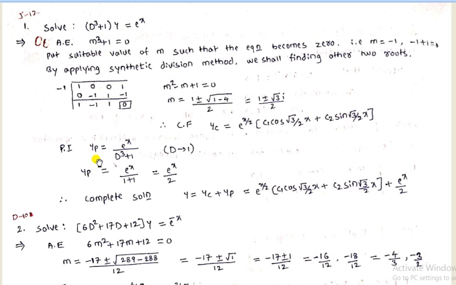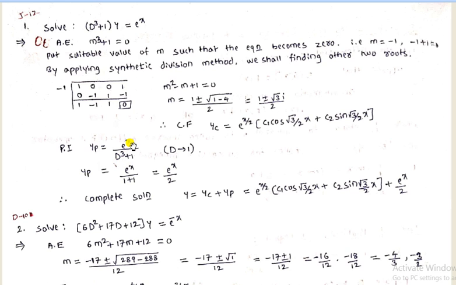Then the particular integral yp. Divide on both sides by D cube plus 1. So yp equal to e raised to x divided by D cube plus 1. Our rule is to replace D by the coefficient of x.